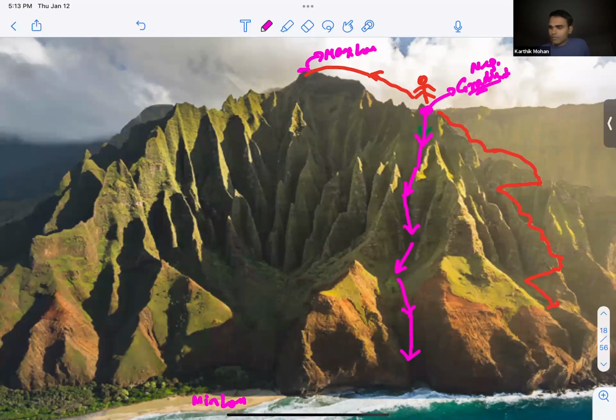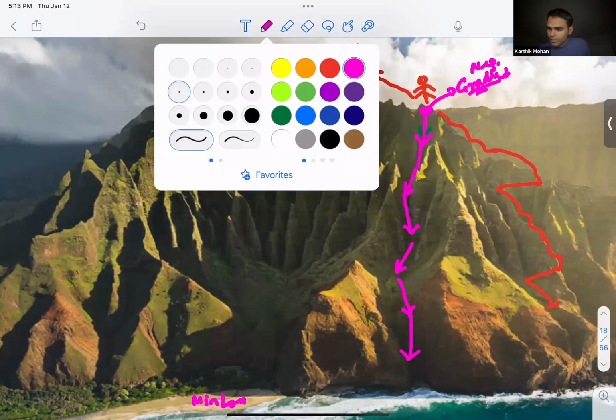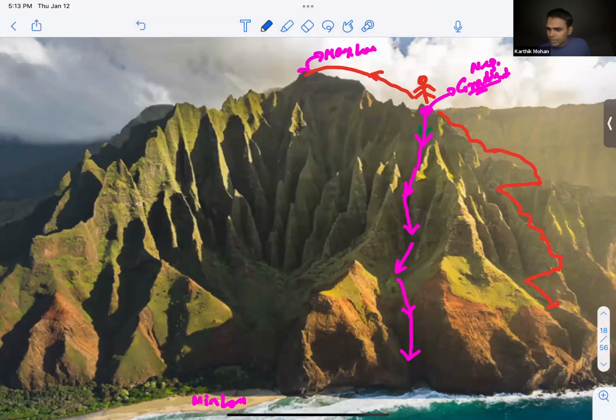For instance, let's say you're standing here, and then gradient tells you go in this direction, right? So you're going to trace this curve, and then you come here.